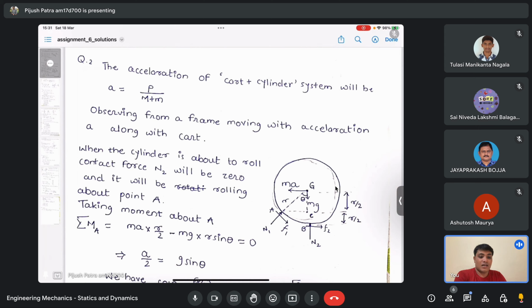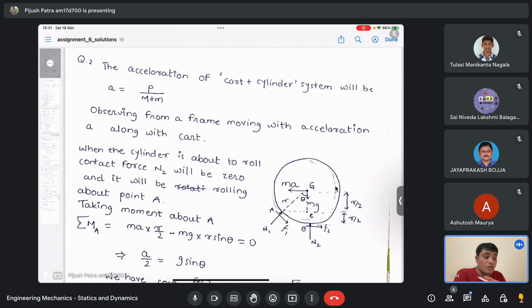That means now you are observing the entire thing from outside: I have a cylinder and a cart or the frame which is moving, and this will be the acceleration of the entire thing. Now you are putting yourself on that frame which is also moving with acceleration a, okay?